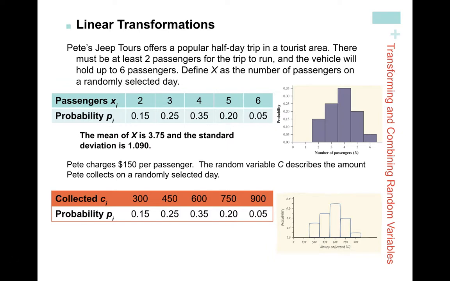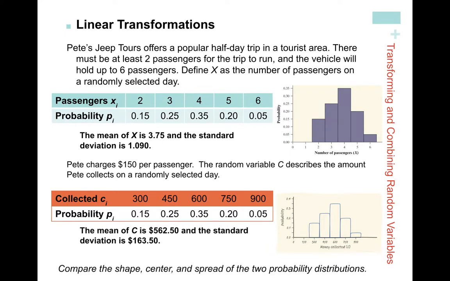Why is that? Because capital C is just b times capital X, where b is $150. The mean of C is $562.50, and the standard deviation is $163.50. Comparing those distributions, they are identical in terms of shape, though the center and spread have been scaled.